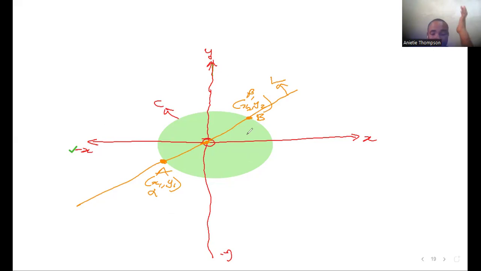If this is symmetric, the distance from here down to here must be equal to the distance from here to here, and the distance from the origin down to this place must also be equal to the distance from here to the origin.